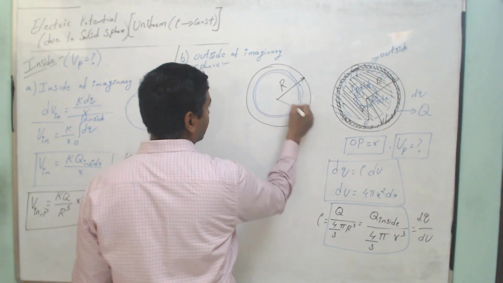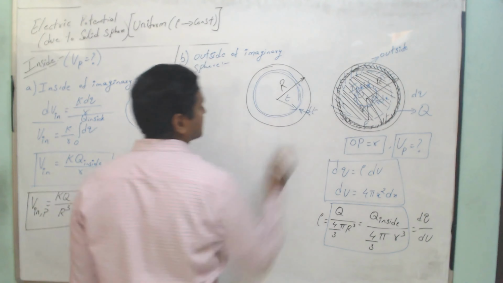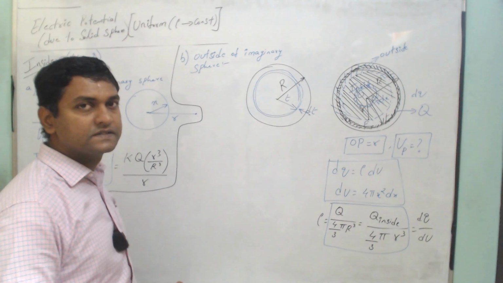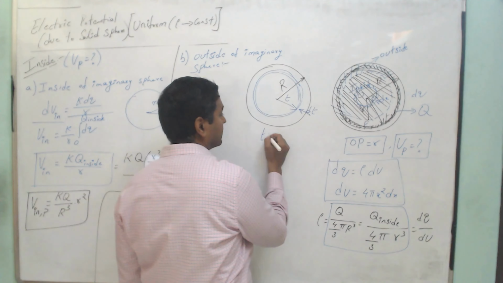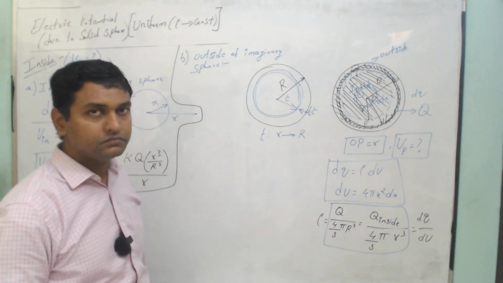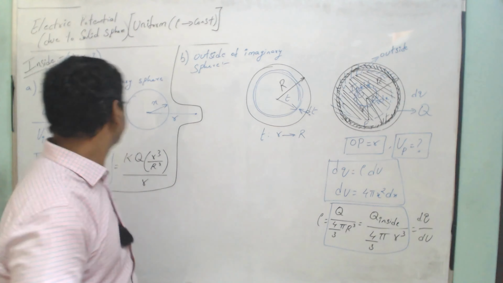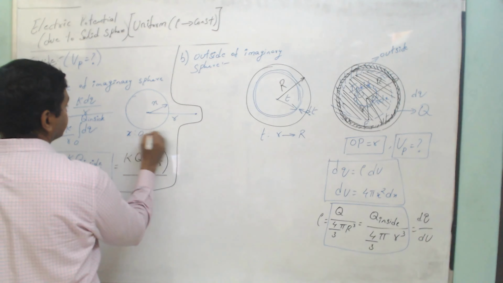The limit of t is from small r to capital R, whereas the limit of x over here was from 0 to small r.